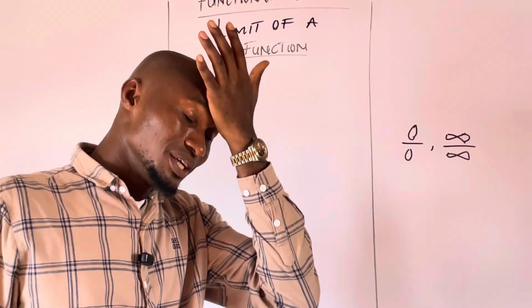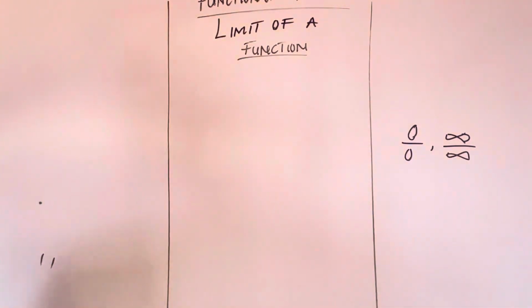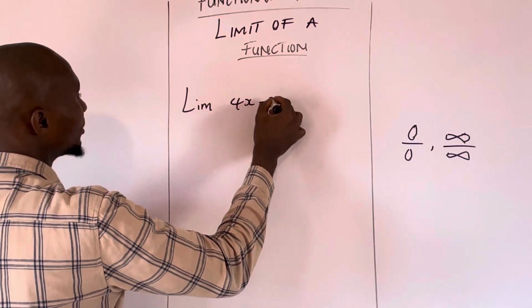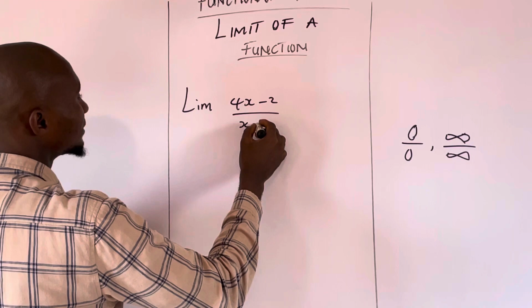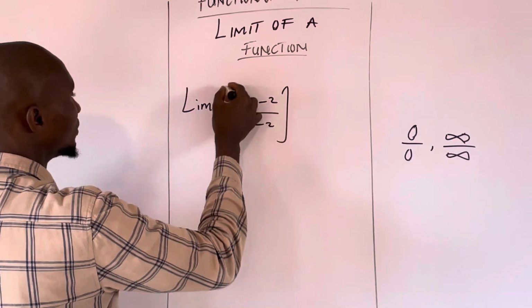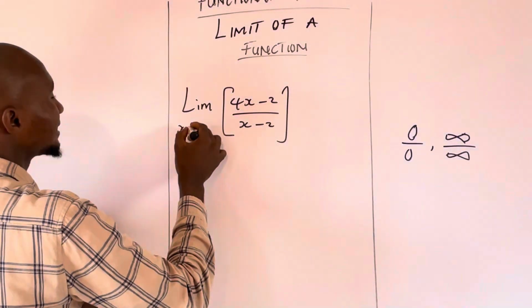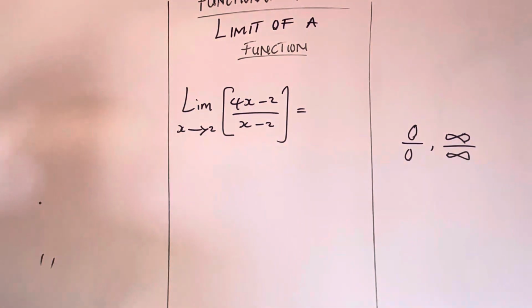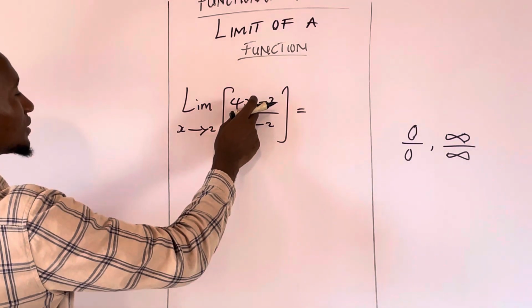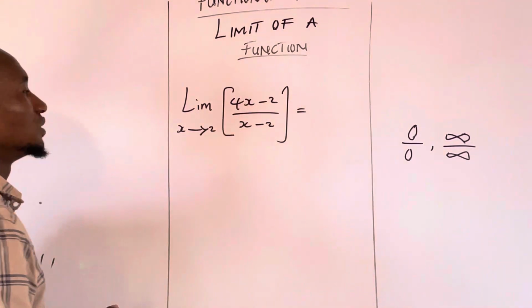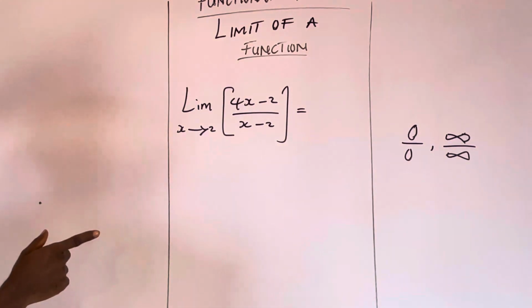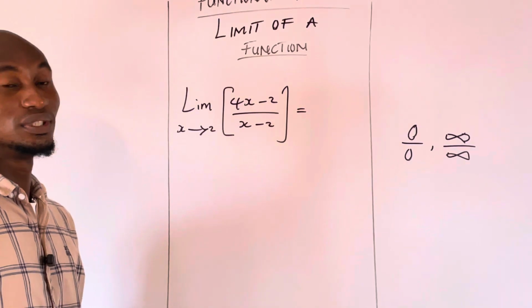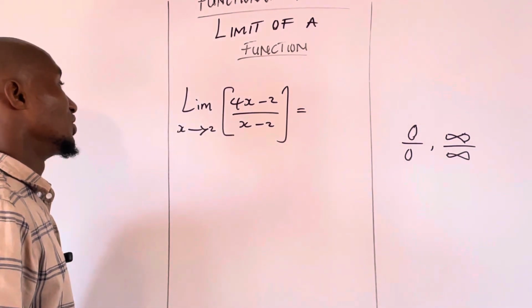Now, when we have the limit of (4x minus 2) over (x minus 2), as x approaches 2, we put 2 here: 4 times 2 is 8, 8 minus 2 gives us 6, over 2 minus 2, which is 0, right?